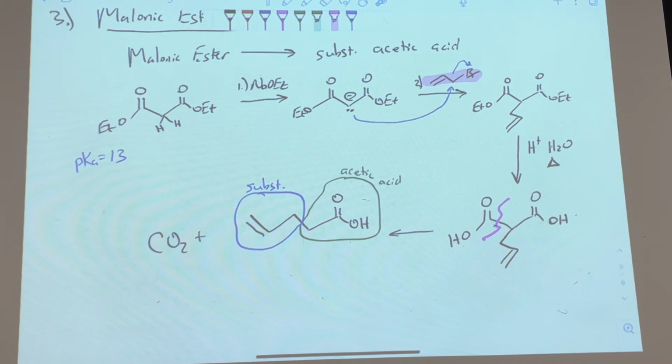But under the high heat conditions, that also causes one of the carboxylic acid groups to just come off as carbon dioxide. Again, these carboxylic acids where you have a carbonyl beta to them are very, very unstable. They fall apart through just mild heating.